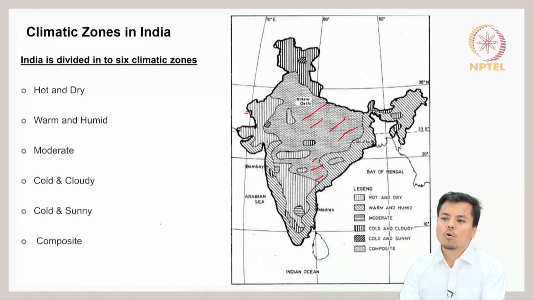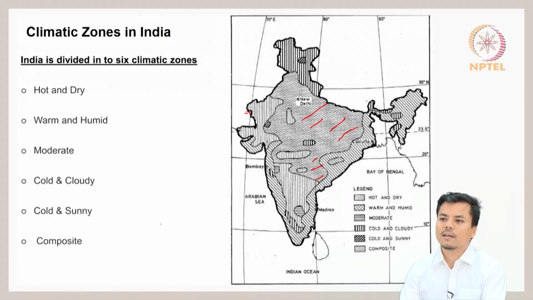Then next is the cold and cloudy climatic region. It is seen in some places, especially Leh and Ladakh, Srinagar, and parts of Uttarakhand and Himachal Pradesh, and here in Sikkim and the upper parts bordering Assam and West Bengal.